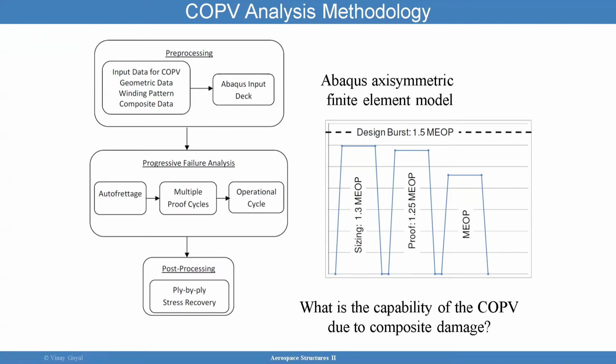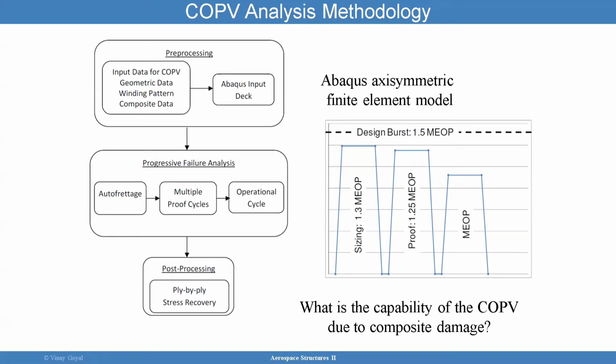So when the liner is pressurized, the composite and the liner are both resisting the pressure. But when you pressurize it to a level where you plastically deform the liner, what happens is that now the liner wants to stay where it is.